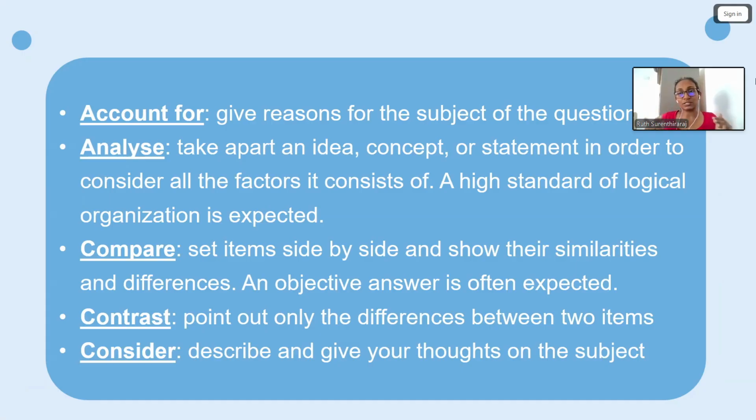So although it says compare and contrast, you can't just stop with compare and contrast. You may have to commit to say, okay, either this option is better or that option is better, or both have their pros and cons. We expect some sort of an opinion from you at the end of the question, right?